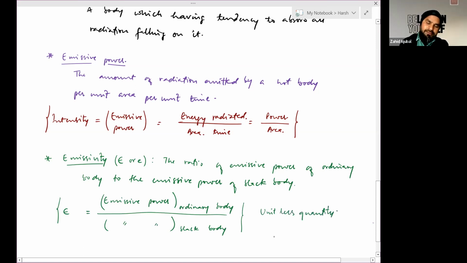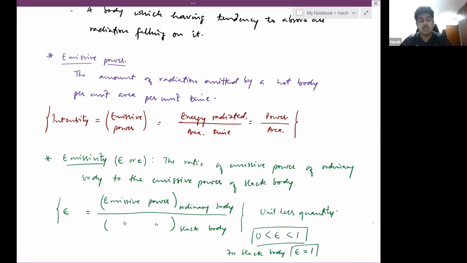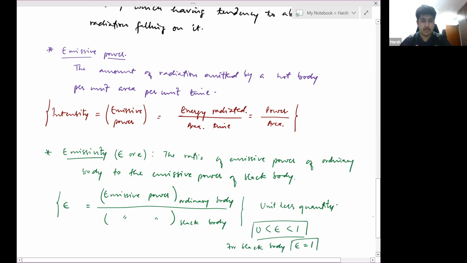Its value lies between 0 and 1, and for a black body, epsilon will be 1. Is it clear? Yes, sir. Okay, first write it down.